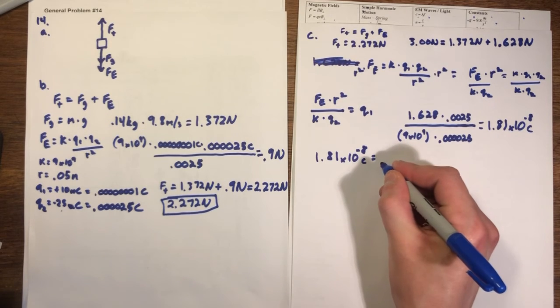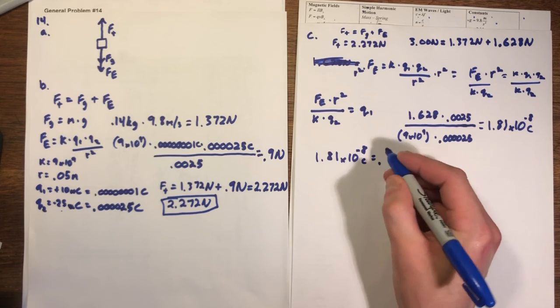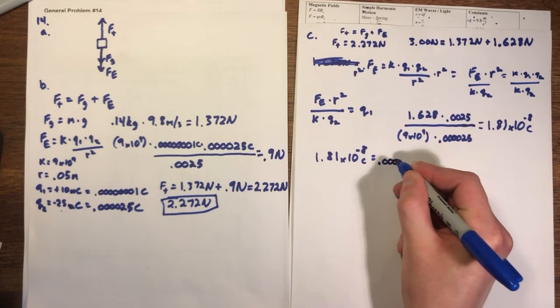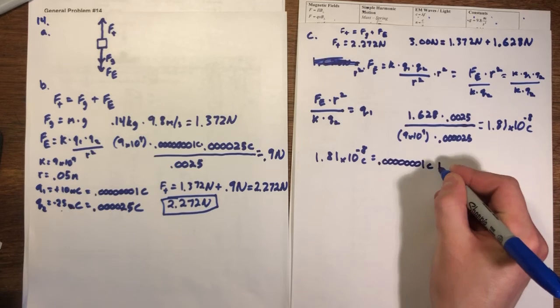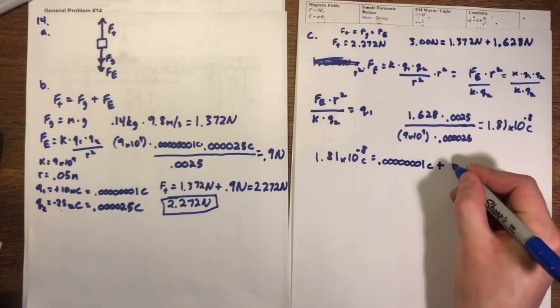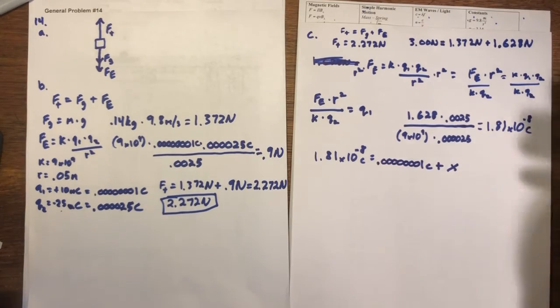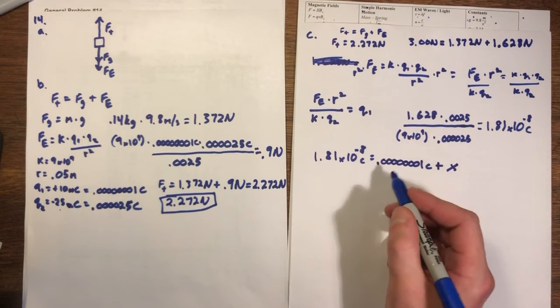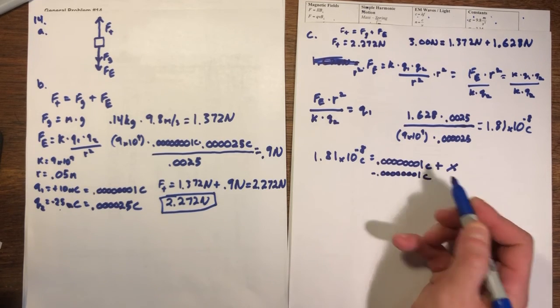That is 10 to the negative 9, with 7 zeros, coulombs, plus whatever we need to add to it, X. It's the charge we're adding to get to those 3 newtons. So just solve like you would any other problem. You're going to have this subtracted by this amount.